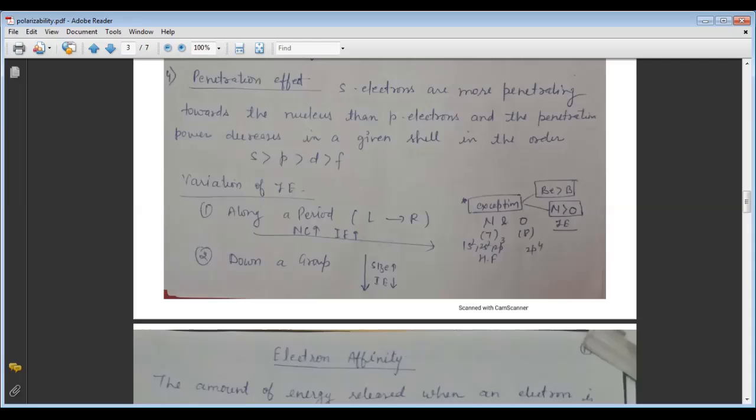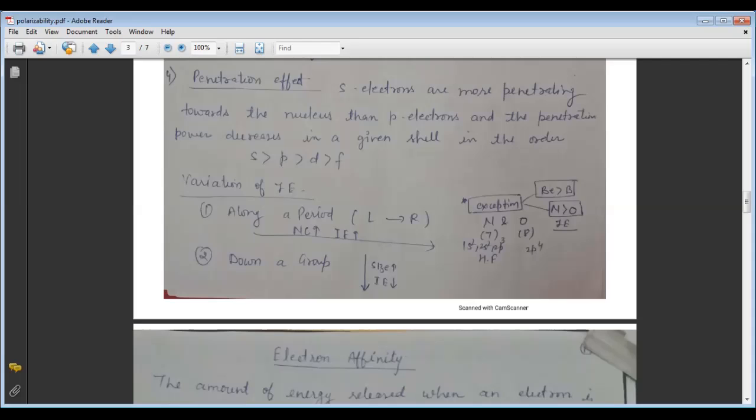Okay, so within a group there is a decrease in the ionization energy in moving from top to bottom. Why? It is clear from the ionization energy values of the elements of the first group.